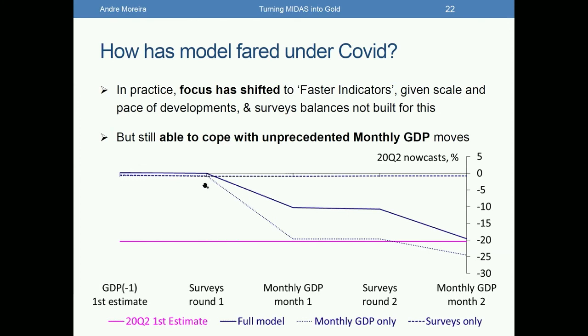Whereas if you only took the GDP data, you go down towards where you should be. You take that data at face value. So it's always important to think through what's the right specification to use at different points in time. That speaks to my previous point that informing your modeling choices based on the properties of the data and what you know about what's currently happening is crucial as well. I hope that answers your question.